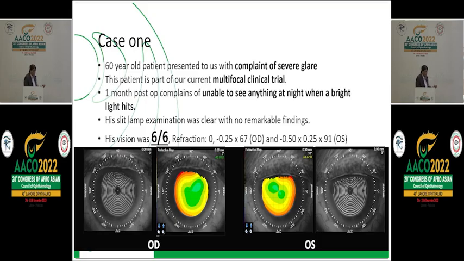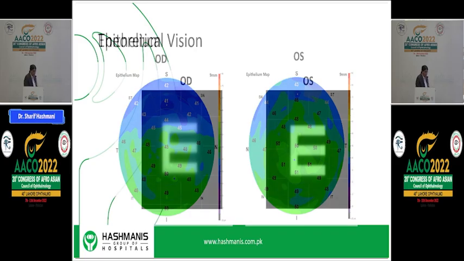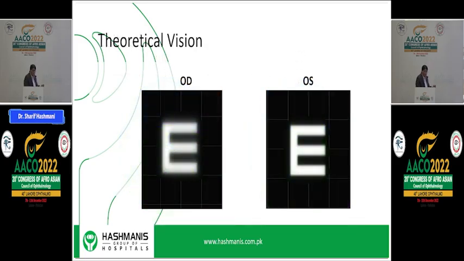And when I saw him, his vision, as you see, 6x6, his refraction, you can see, is well under, doesn't explain anything about the glare. And this is his epithelial mapping, almost normal, both eyes. This is his theoretical vision on eye trace, normal.